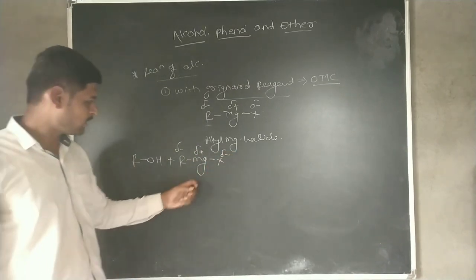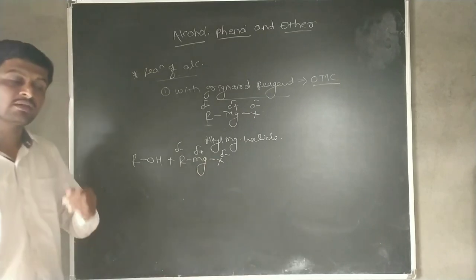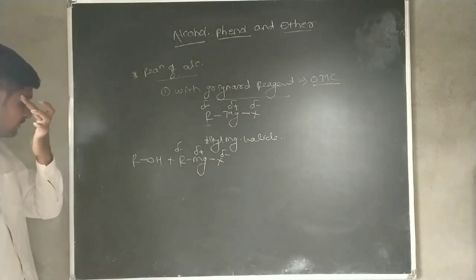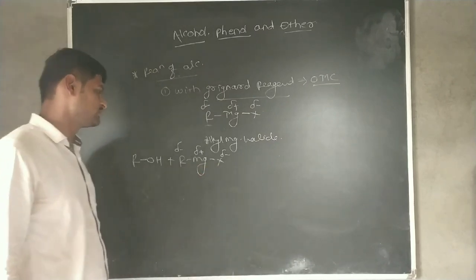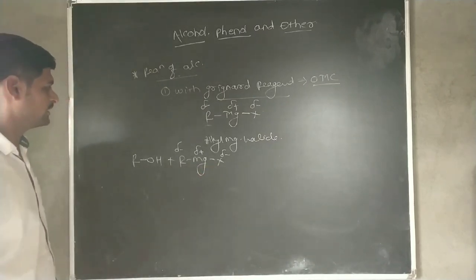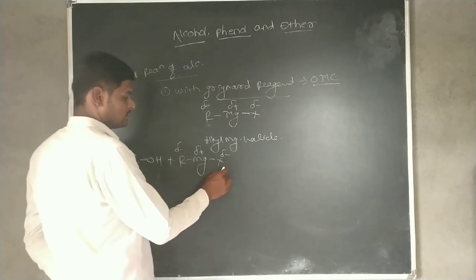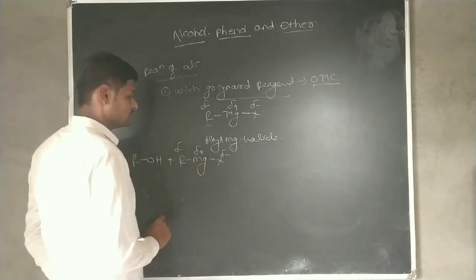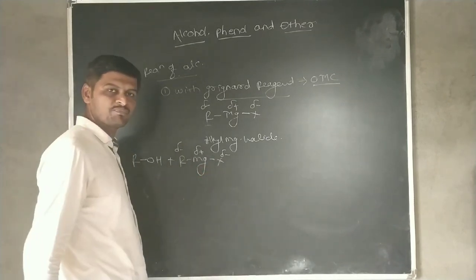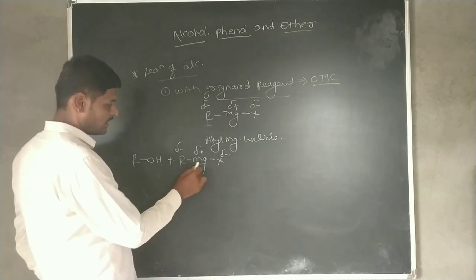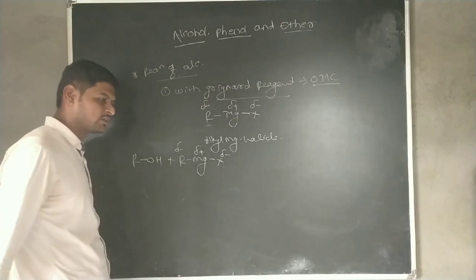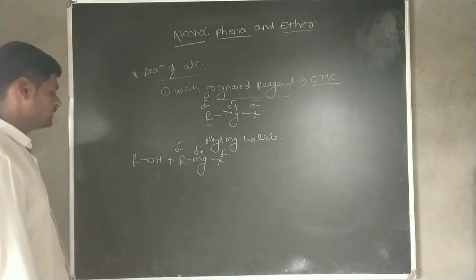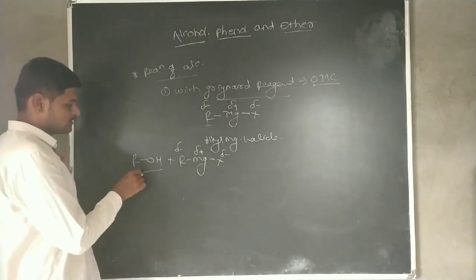The bond between magnesium and halogen is a purely ionic bond, because the electronegativity difference between magnesium and halide is large. The bond between R and Mg, alkyl group and magnesium, shows partially ionic and partially covalent character.